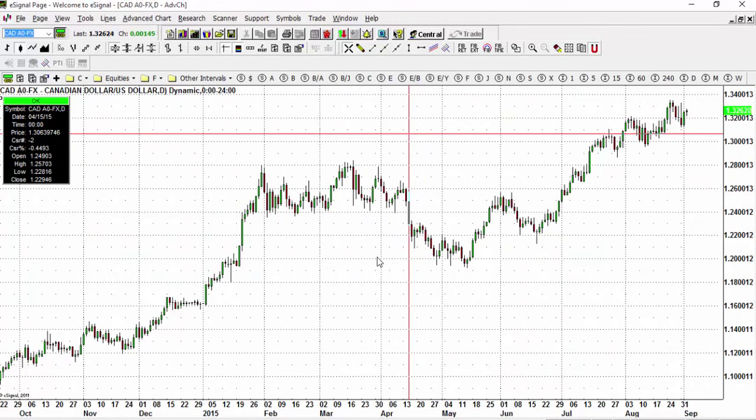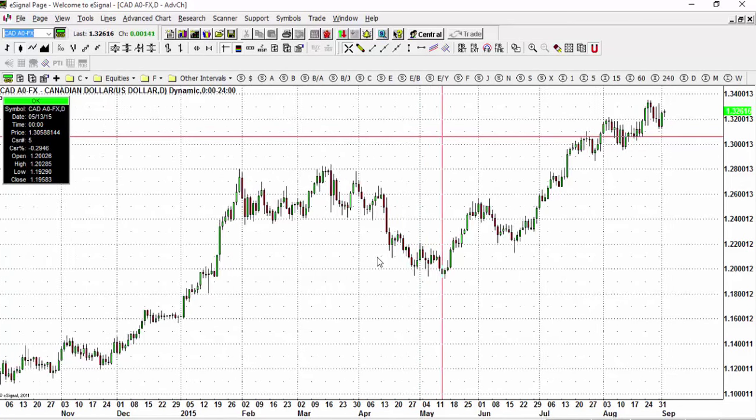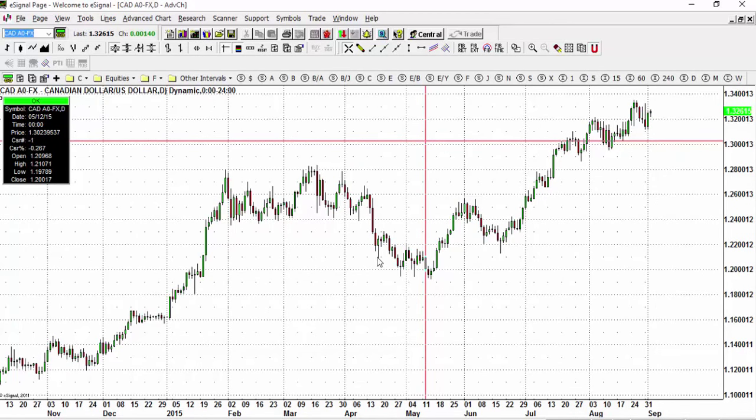Canadian dollar still in the broader uptrend with the Canadian dollar. This market looks ripe for a pullback because it has been going up for a number of months now. But the strategy for a pullback is to wait for the pullback to occur.